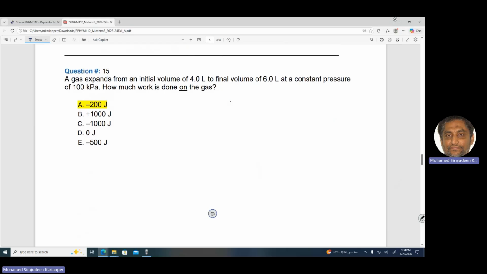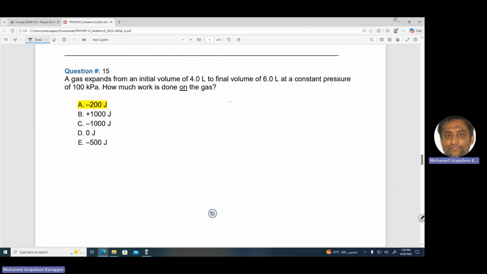Number 15. A gas expands from initial volume of 4 liter to a final volume of 6 liter at constant pressure of 100 kilopascal. So now we are coming to chapter 9, the thermodynamic processes, the work done and so on.